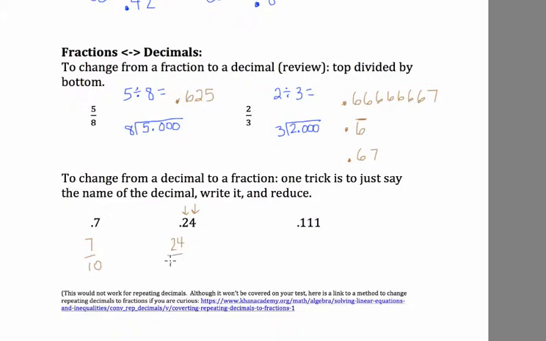You would need to reduce that. If I divide both top and bottom by 4, I get 6/25. 0.111. Well, here's the tenths place, hundredths place, thousandths place. So this is 111 thousandths.